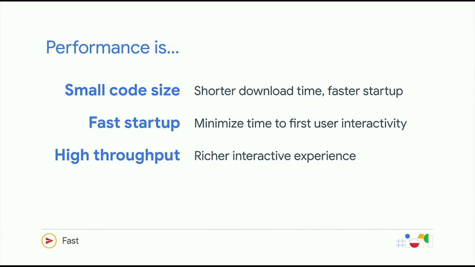And that matters because that's the upper limit on how rich of an interactive experience you can give people. But it's not enough to have good peak performance some of the time. You need to be sure that your performance is consistently solid, right? Especially for interactive apps on client devices, they want it to be buttery smooth.